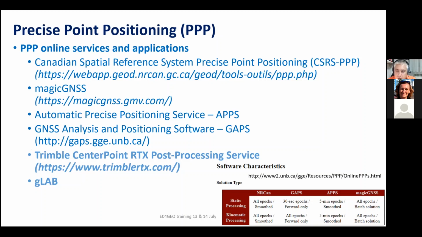In the table in the lower right corner of your screen, there is a comparison between different online services. You can see that they provide static processing and kinematic processing solutions. And there are some differences in the way the processing is performed, whether the solutions are smoothed, or the solution is provided by batch processing.